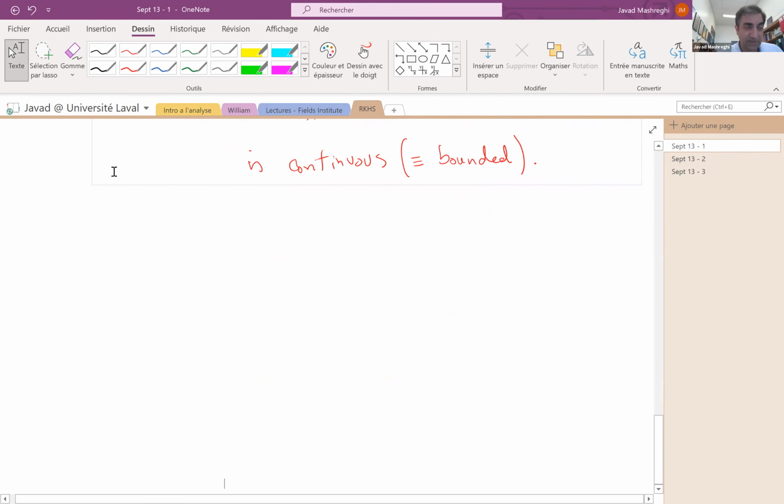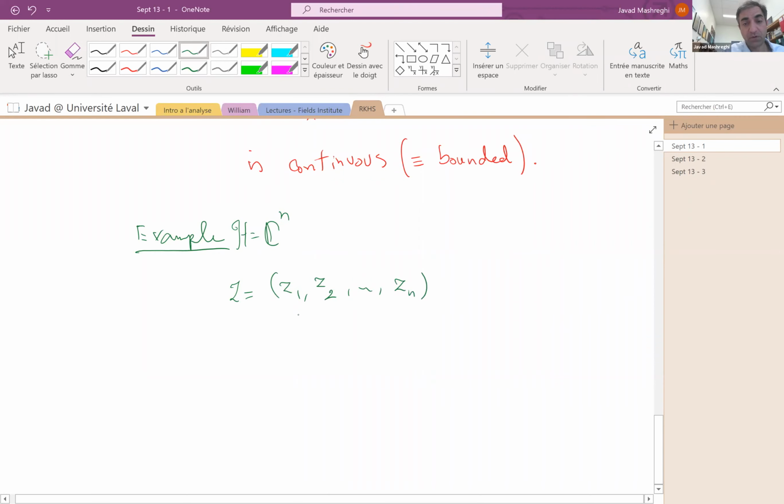We start with an example. A very interesting example. You all know the space C^n, that's our H indeed. The way we usually look at C^n, we consider it as vectors of dimension n. Sometimes we write it horizontally. Sometimes we write them vertically, but usually that's the way we think about elements of C^n.